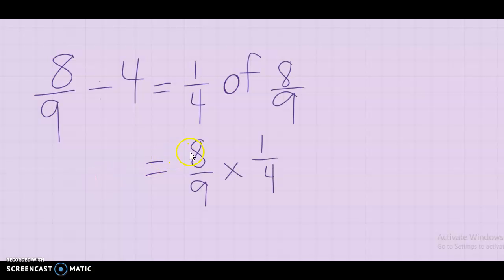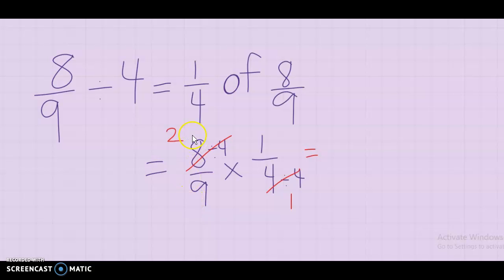Now before I start multiplying across this time, I can see that 4 is a factor of itself and of 8. So I'm going to divide first. Divide 4 by 4 and divide 8 by 4. 4 divided by 4 is 1, and 8 divided by 4 is 2.